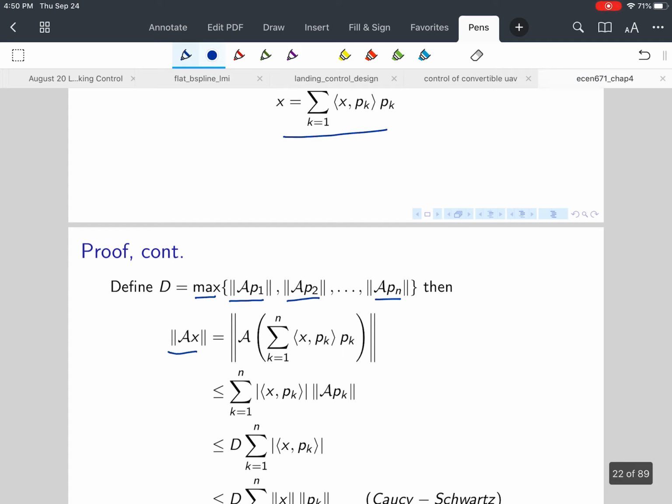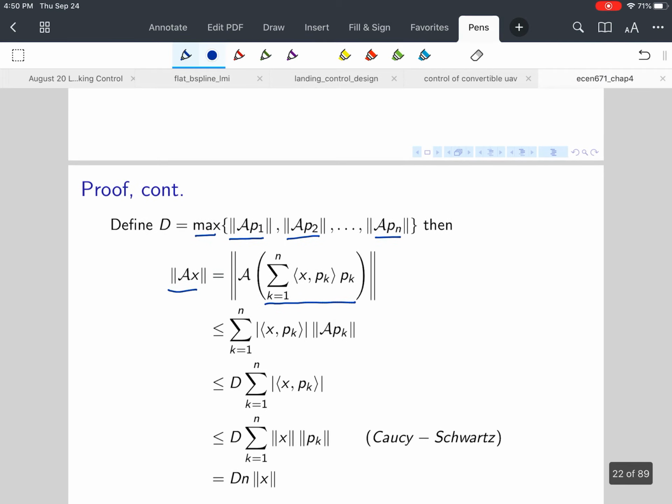Then let A operate on x and look at the norm. Okay, so we plug in our generalized Fourier series. So x is going to be the sum of the inner product of x with Pk times Pk. This thing is a linear operator, so we can write this as the norm of the sum of the inner product of x with Pk times A operating on Pk.